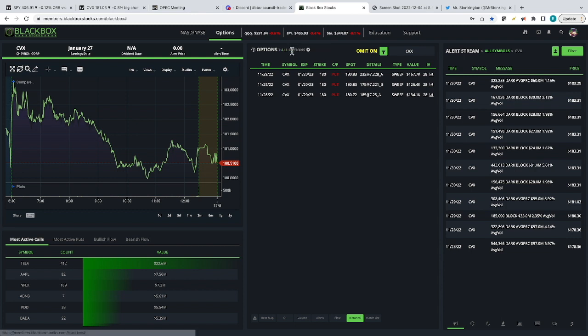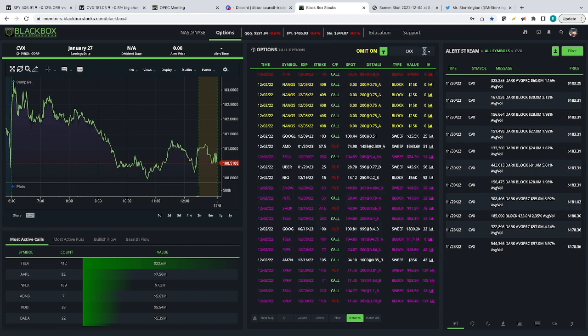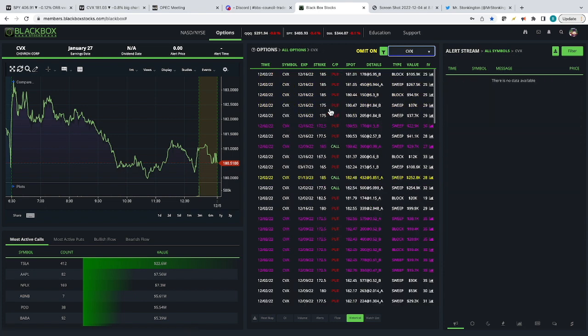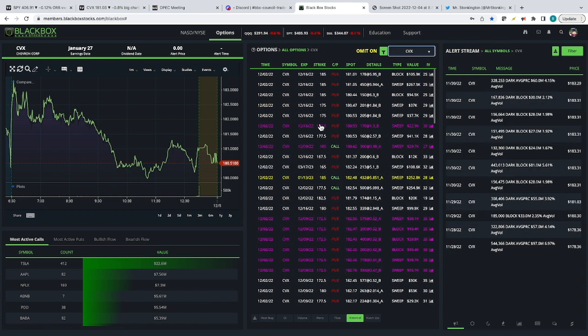But it's just important to know, when you're reading this info, that sometimes there's just not enough to give a clear direction. So we need to look for more insight or more activity, and then we can just use the chart to give us direction as well.